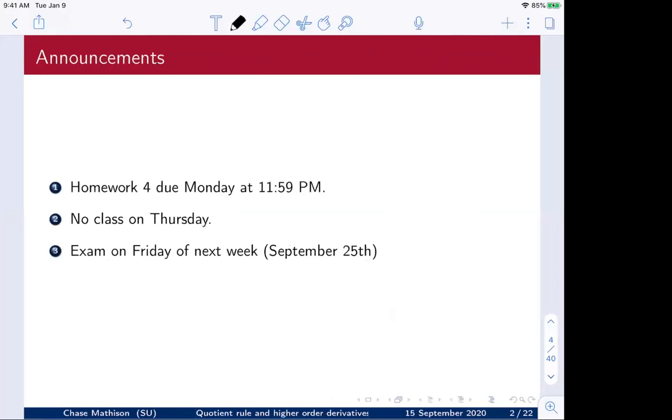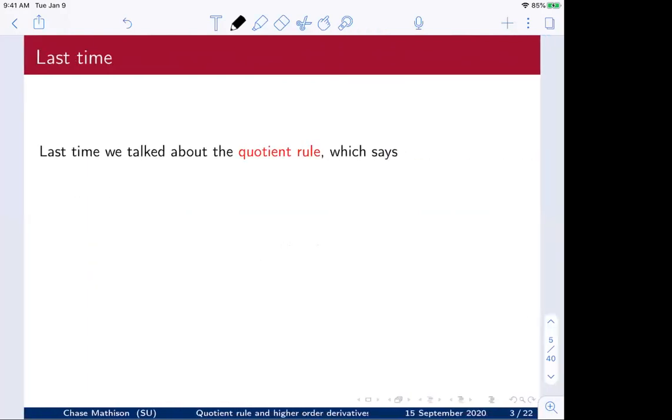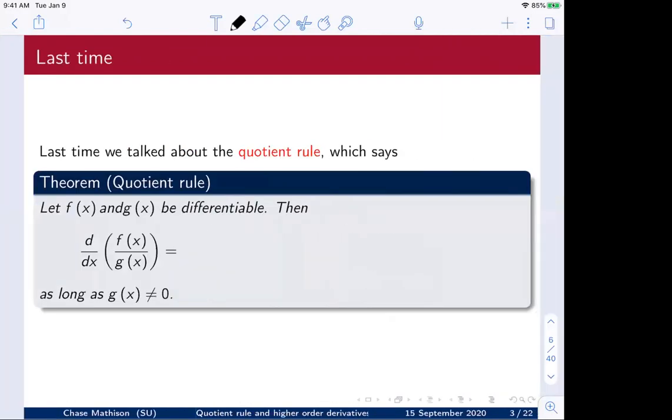Okay. So last time we talked about the quotient rule, which says if I'm trying to take the derivative of a quotient of two functions, so we're going to say f of x and g of x are differentiable, then the derivative of this quotient of things, well, remember, we call this high and we call this low.